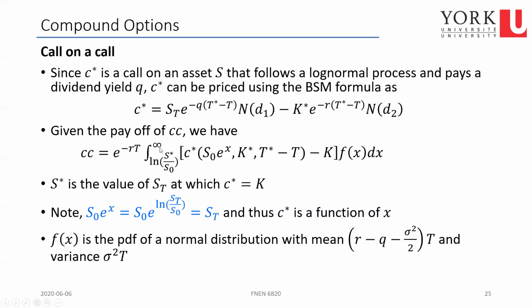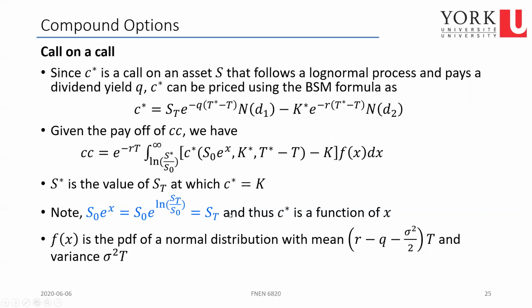This relates to this S star value, because we have selected a particular S star value, which makes C star equal to K. All the other values taken by X are the ones where the log of ST divided by S naught has ST greater than S star.